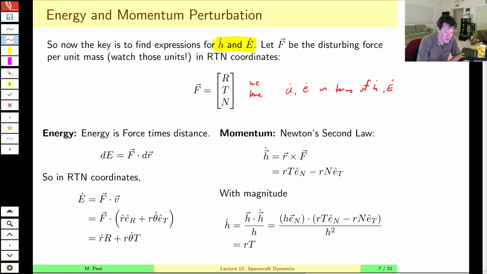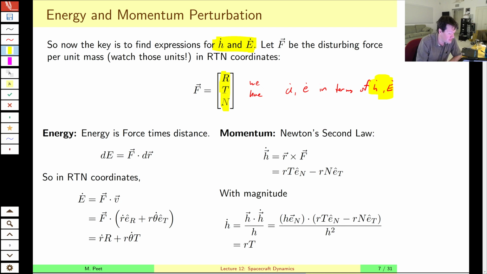And so the goal now is to find expressions for H dot and E dot. So how do we find that? Well, here we have to think about the physical quantities. We have to go back to those forces, and how do forces produce changes in energy, and how do forces produce changes in angular momentum.